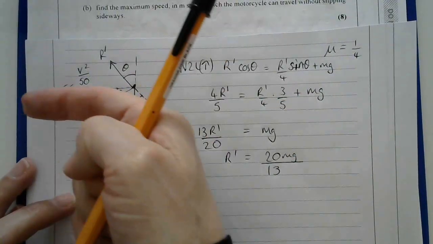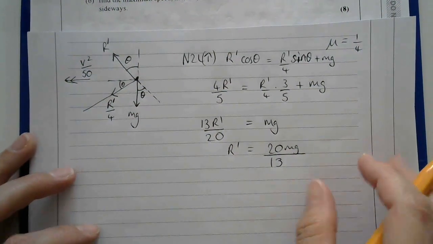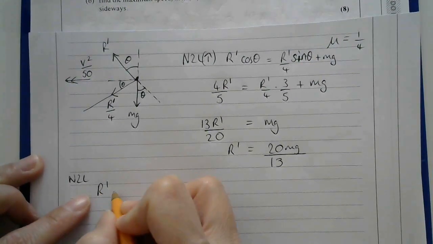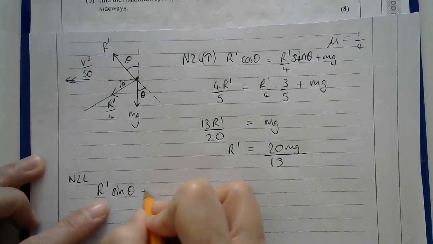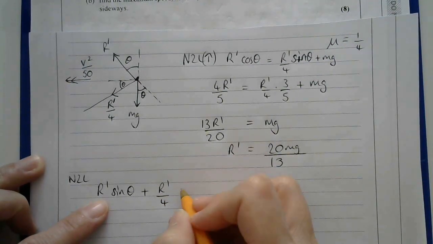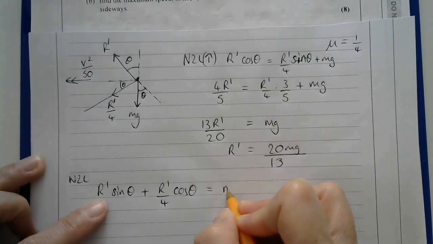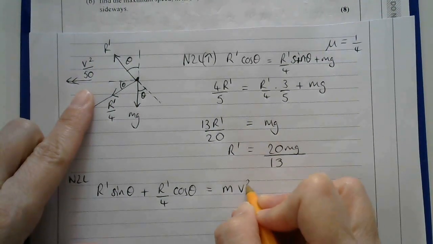Now, resolving in this direction, then I get R dash sine theta plus R dash over 4 cos theta equals the mass times the acceleration.